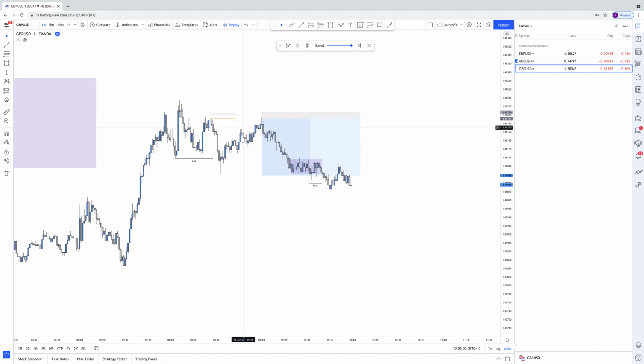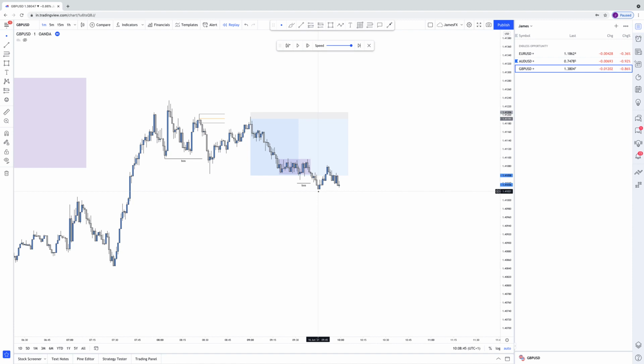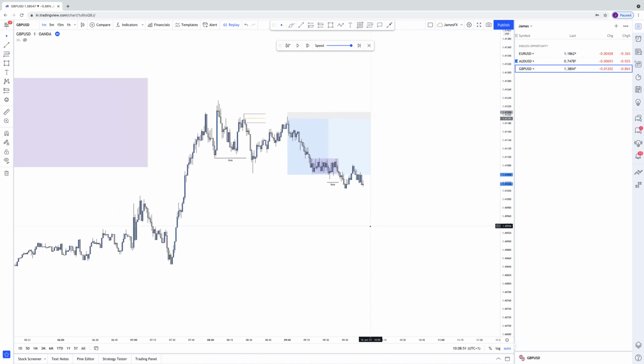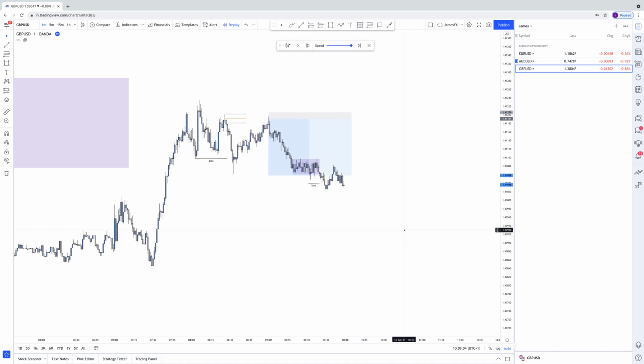And one other thing as well, once we have this first entry, we push down, make a second entry. Once we get to around 3-4 entries, the probability of them playing out is a lot lower, because once we start seeing order flow and a trend down, it's building more liquidity.